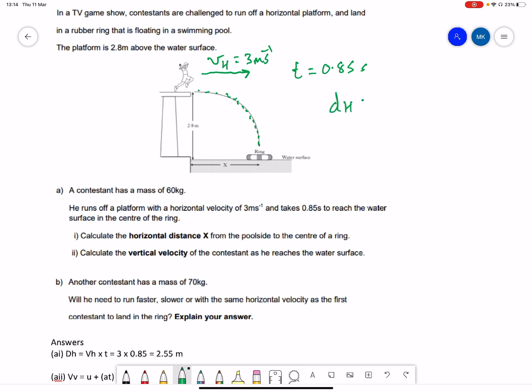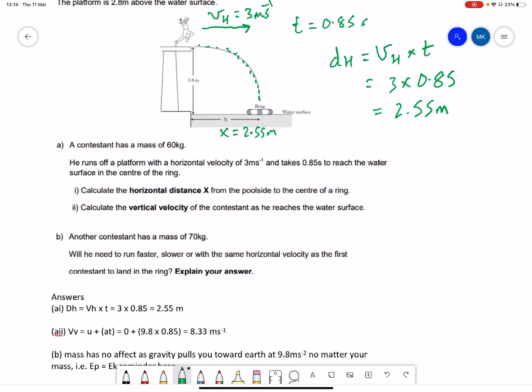So for the horizontal distance, you must use the other thing that's horizontal, the horizontal velocity times the time. 3 times 0.85, 2.55 meters. So x there, 2.55 meters. Calculate the vertical velocity.